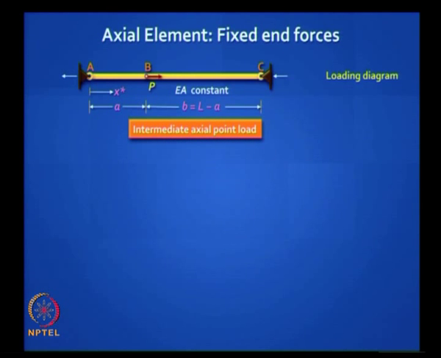Let us say I have an axial element with an intermediate load P located at distance A, B. Now if I have a situation like this, one of the options is I split it into two elements, so it still becomes a nodal load, but that is extra effort. If I still want to manage with one element, then I must have an equivalent joint load. I must pass on this load P to the two ends.